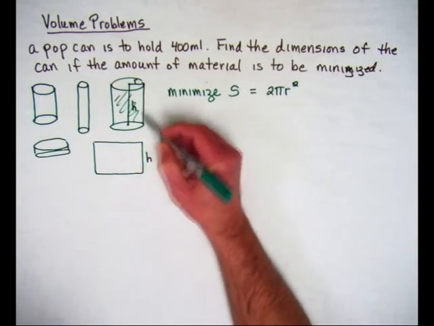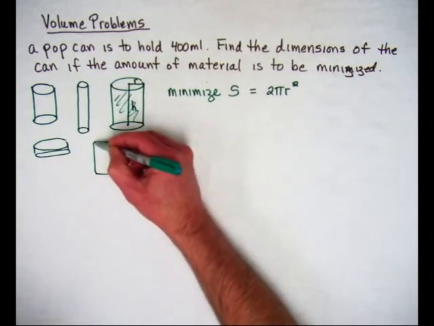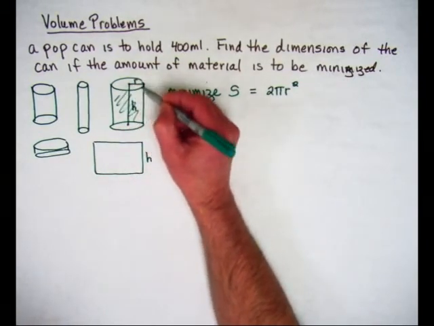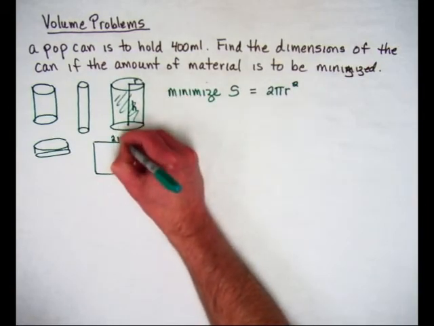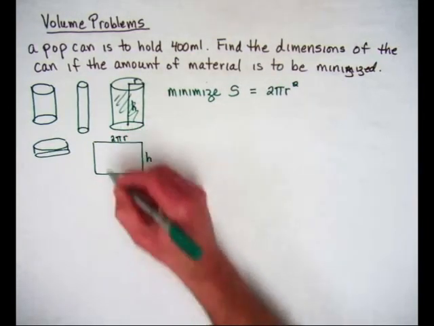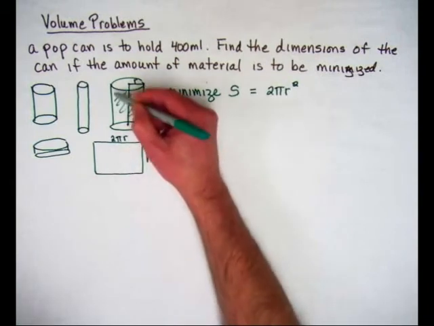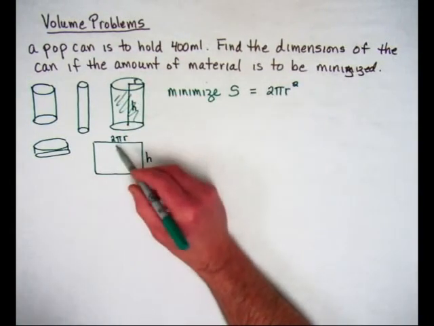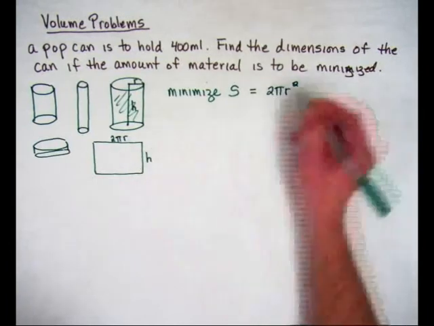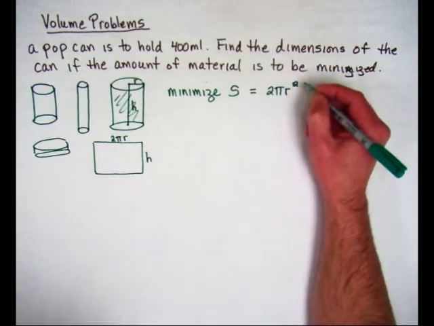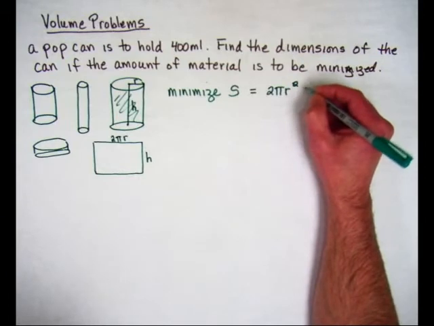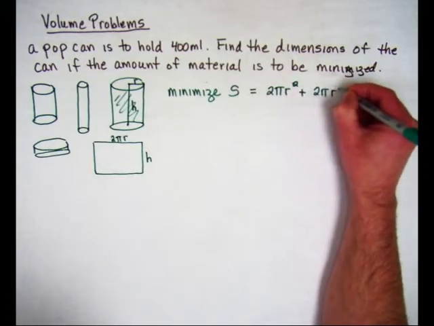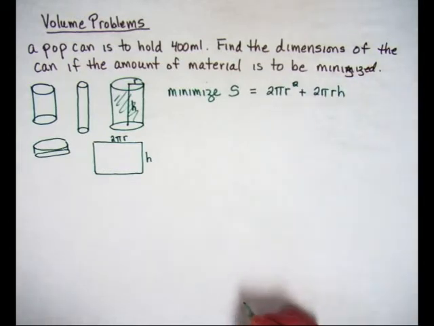The height of the rectangle would be the height of the cylinder, and the length of the rectangle would be the distance around the circle on top, which is the circumference, 2 pi r. So the surface area of the sides of the can is the area of this rectangle, which is 2 pi r times h. So the surface area of a cylinder is 2 pi r squared for the top and bottom, plus 2 pi r h for the side.